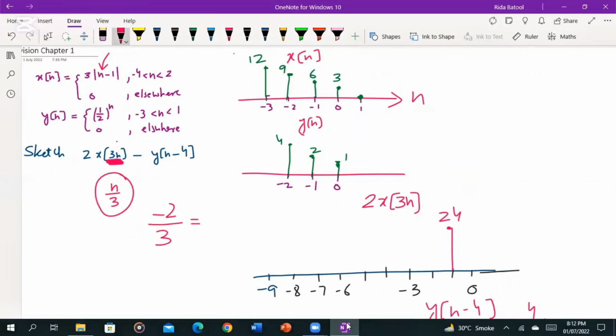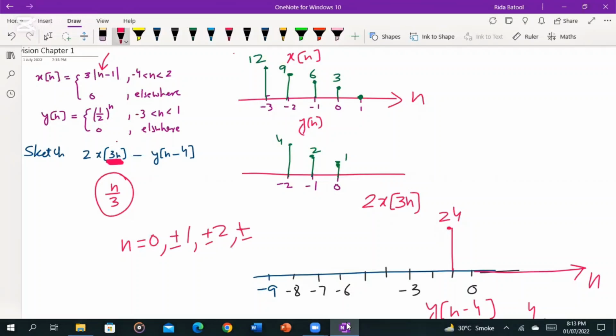You will get a decimal value, but you cannot plot this decimal value over here because we are sketching at n on the x-axis. We have labeled our x-axis by n. N is an integer: 0, plus minus 1, plus minus 2. N is not a real number.